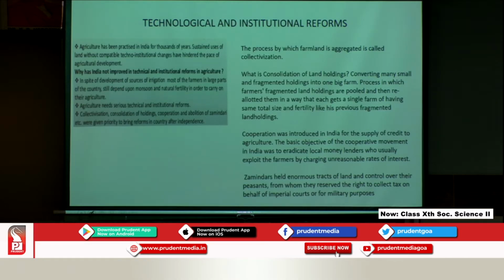So there are certain features in agriculture which need to be changed, be it on the field, that is in the agricultural regions, or technical or institutional reforms: the offices, the various laws and provisions that we need to put in place to improve agriculture. If it has to go down to the farmers, what are the benefits and improvements that we need to make in our agriculture in order to benefit them and improve production in the country.